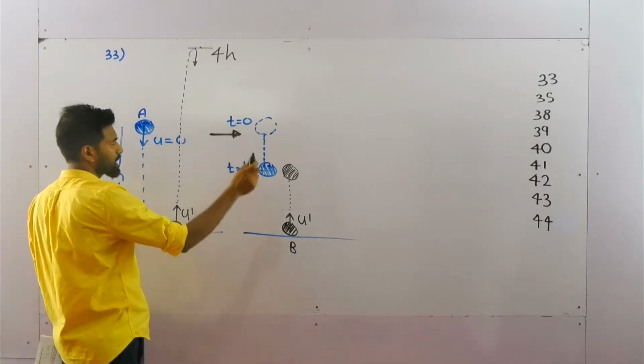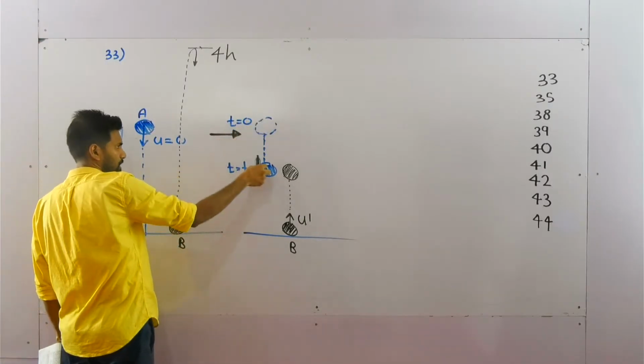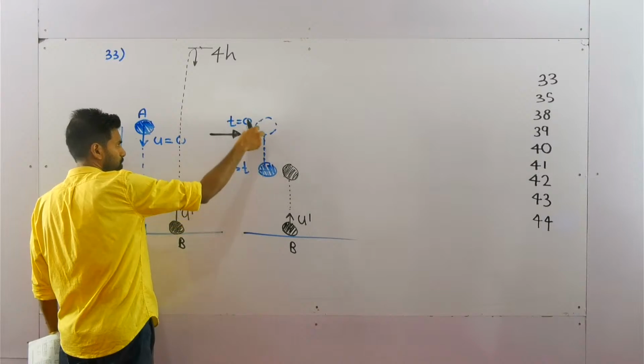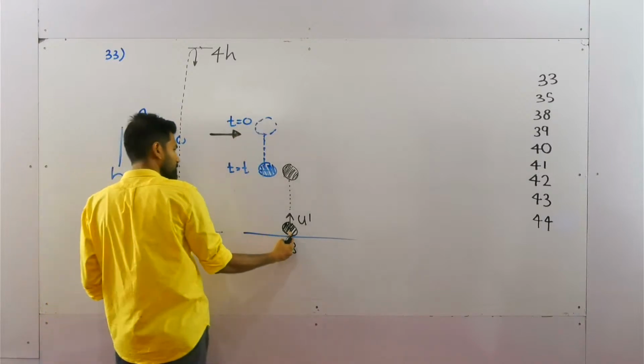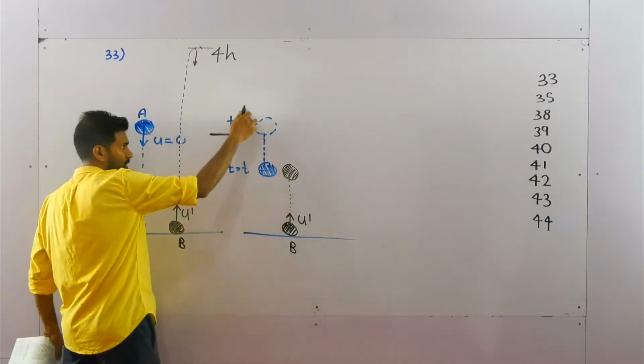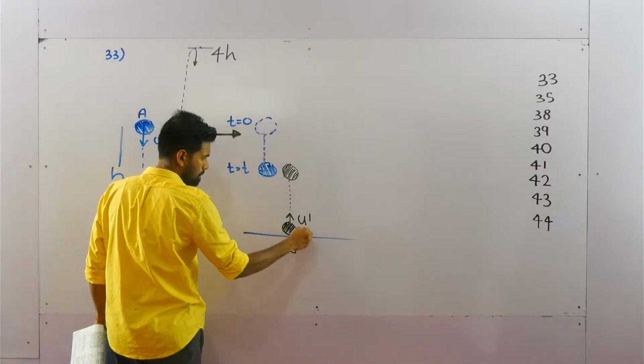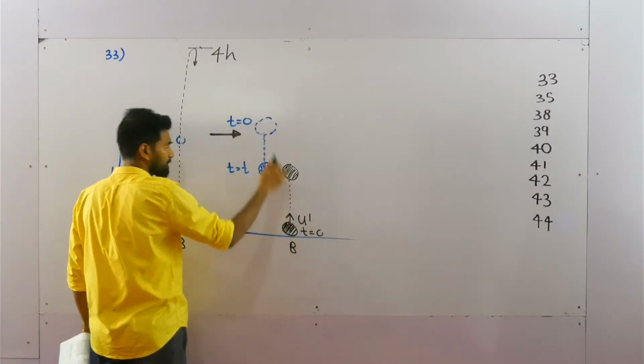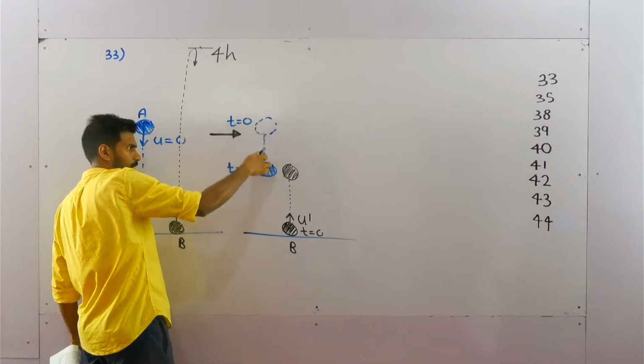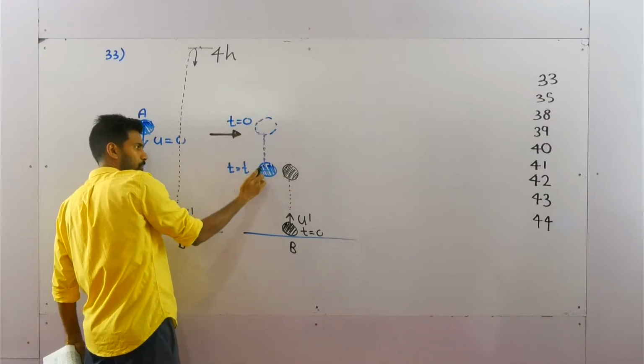Simultaneously means at the same time. When this one was dropped, this was projected. So when t equals 0 here, when this was dropped, t equals 0 here. So at t equals t, it comes to a level that I'm showing here.